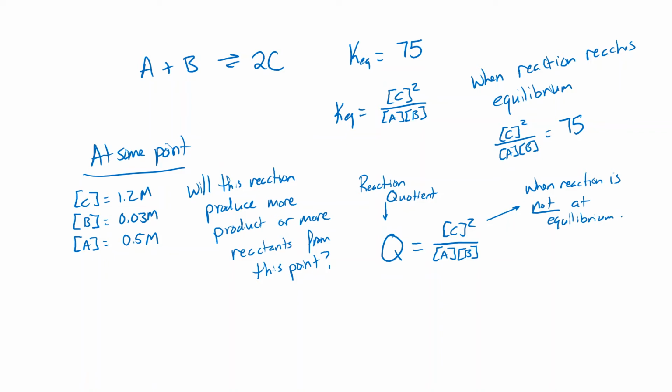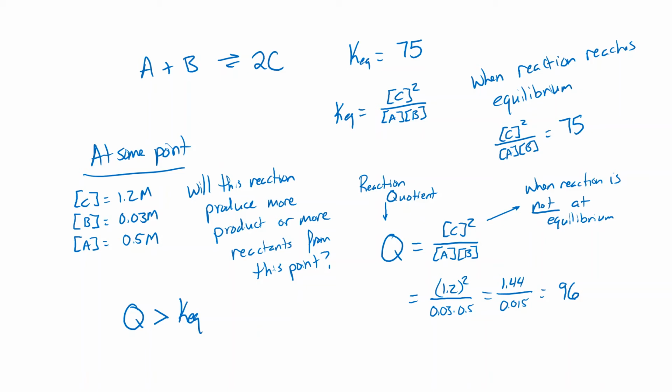So now all we need to do is plug in these numbers and we can calculate Q at our particular point. We take 1.2 squared divided by 0.03 times 0.5. And that gives us 1.44 divided by 0.015, which gives us a value of 96. So our reaction quotient is 96, and our KEQ is 75. So in this case, Q is greater than KEQ.